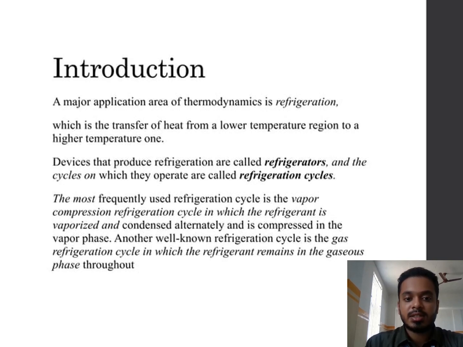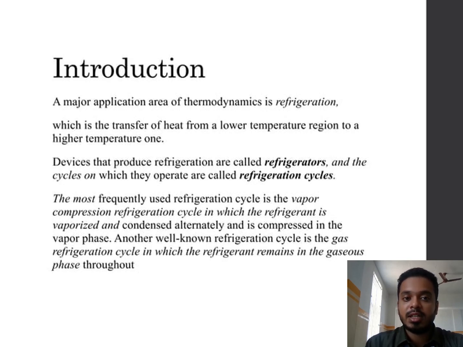A major application area of thermodynamics is refrigeration, which is the transfer of heat from a lower temperature region to a higher temperature one. So the devices that produce refrigeration are called refrigerators, and the cycles on which the refrigerators operate are called refrigeration cycles.